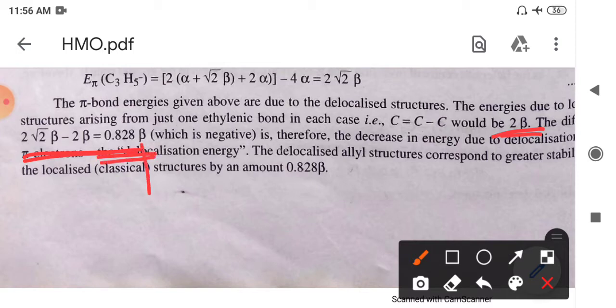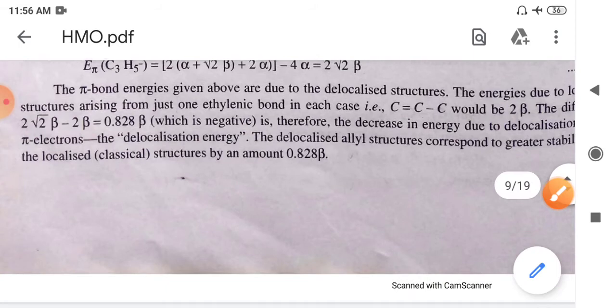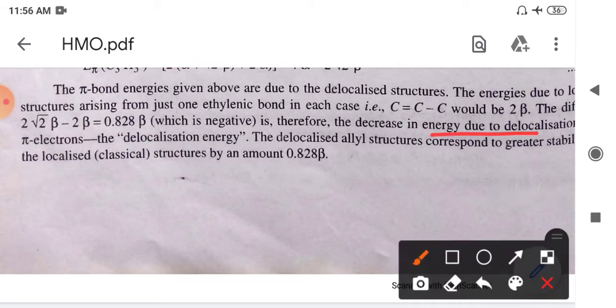And the beta value is always negative, so this multiplication will also come out negative. Due to this negative value there is a decrease in the energy due to delocalization of pi electrons, so this energy is called the delocalization energy. The delocalized allyl structure corresponds to greater stability than the localized structure by the amount of 0.828 beta.